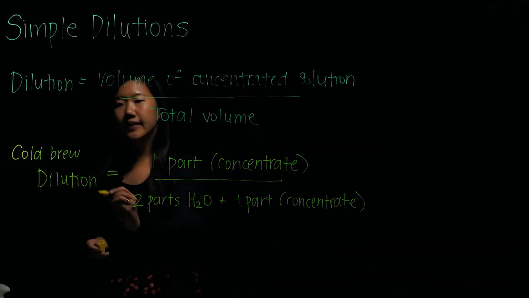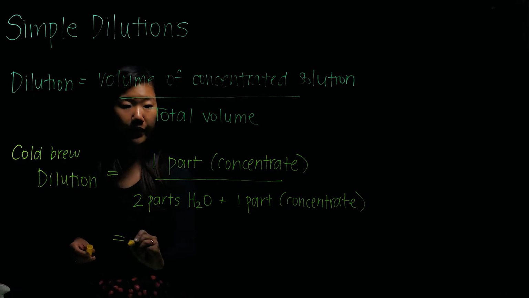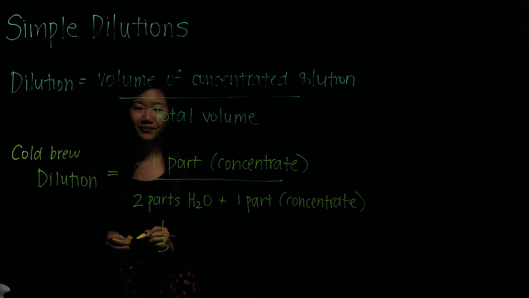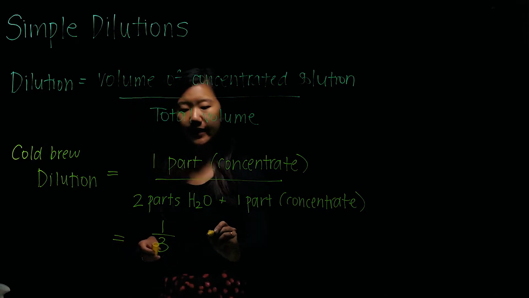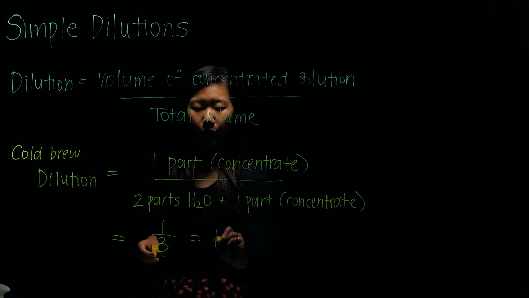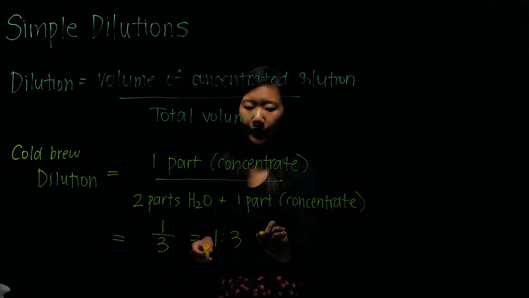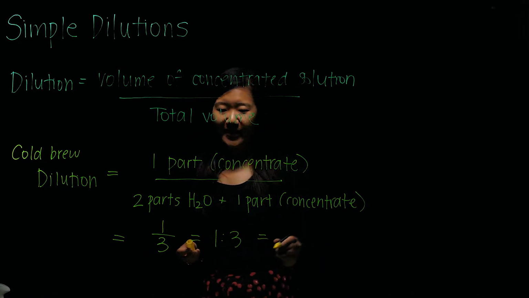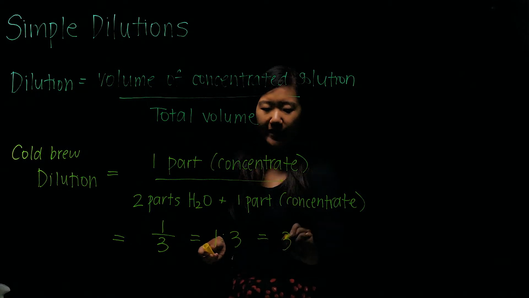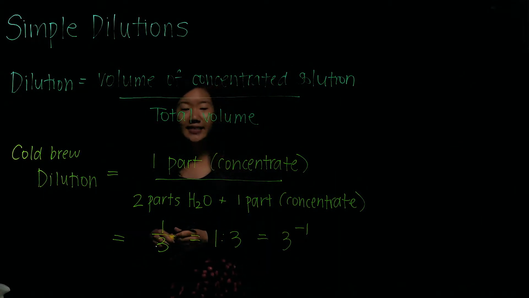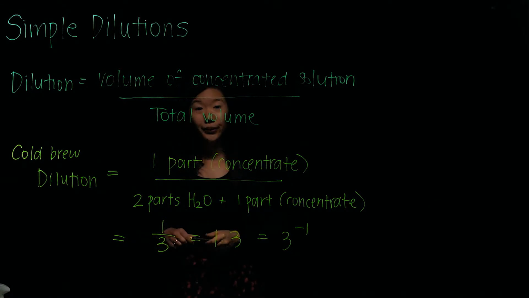So in this case, the dilution would equal 1/3. Another way that you might see this is 1:3, which is also the same as saying 3 to the power of -1. Right. So that's the example with our cold brew concentrate.